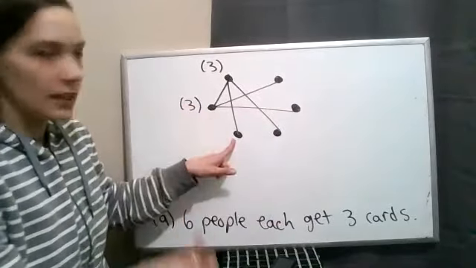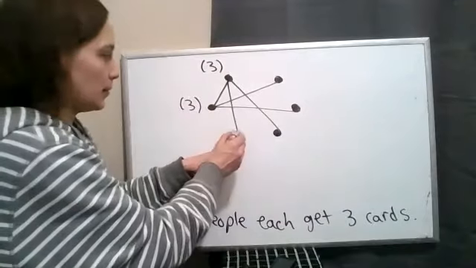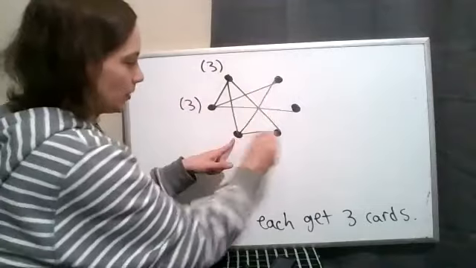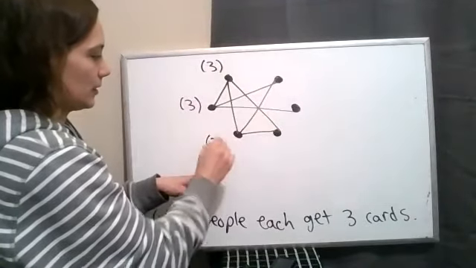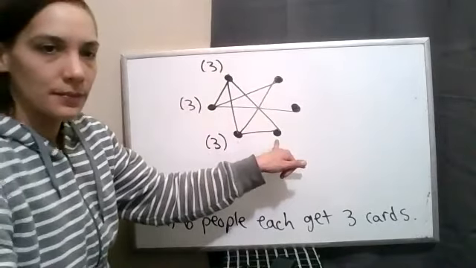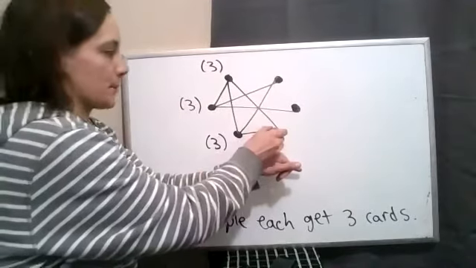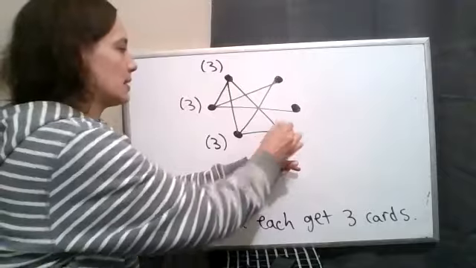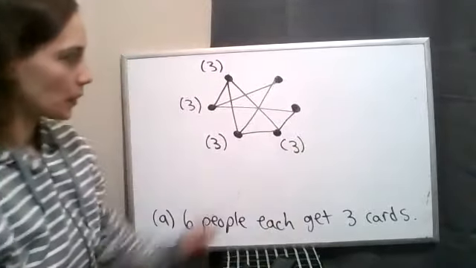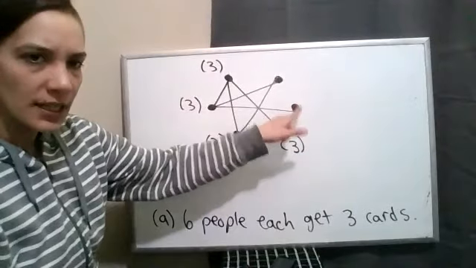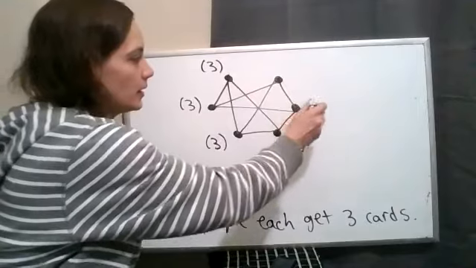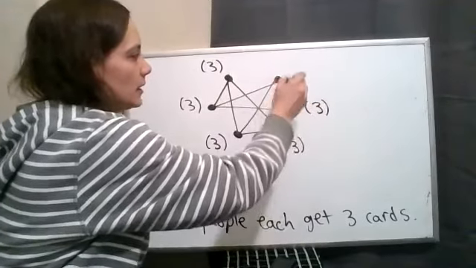This one has already got 1 connection, and then up to that vertex and over. So 1, 2 connections, and then this will make it 3. I think we just connect from here to here and be done. Yeah, that's 3. That's 3.